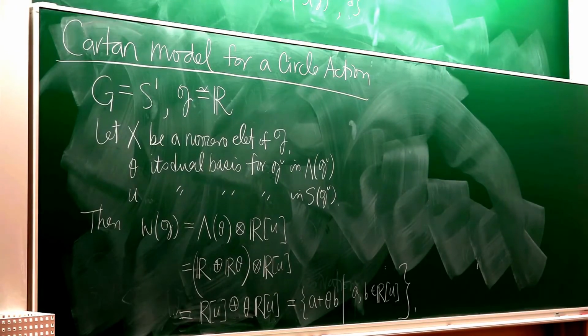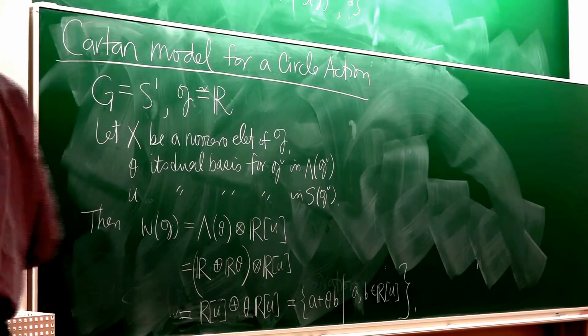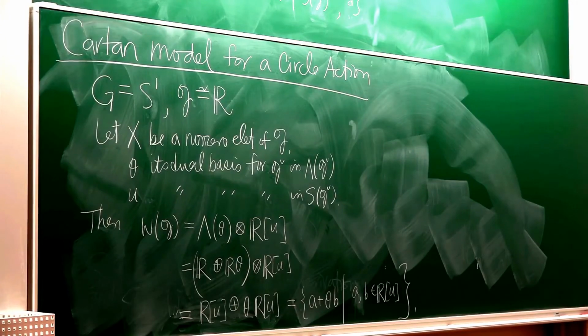So A plus theta B in the Weil algebra. Just a minute. That's the Weil algebra, right? And then we have to tensor with omega n.